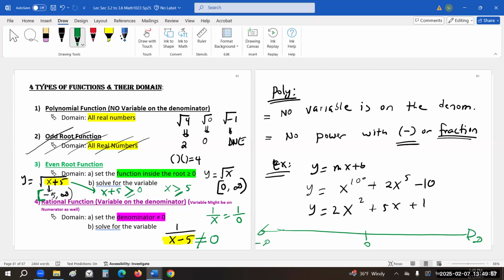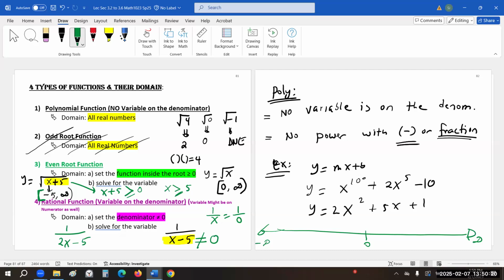So this is a simple one. But how about I give you this one, something like this, 1/(2x minus 5). Now what? See, you can plug in 5 here. 2 times 5 is 10, 10 minus 5 is 5, 1/5 is a real number.